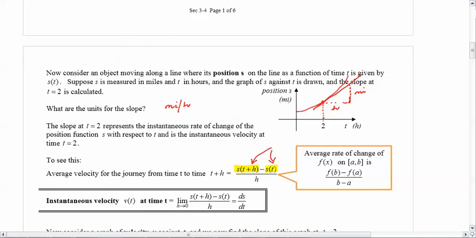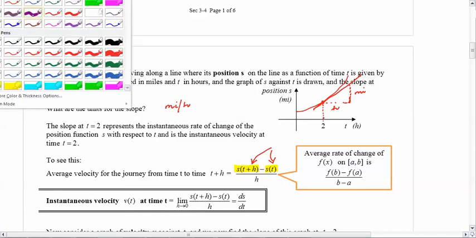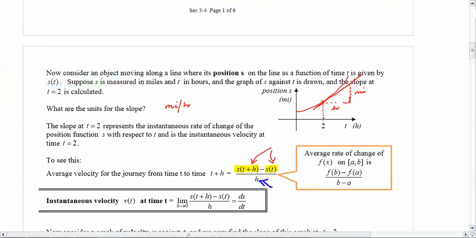So that's going to give us our distance, and the time is going to be given by t plus h minus t. So the time for that particular little journey, going from time t to t plus h, is given by that. And then, of course, that would be the average velocity.